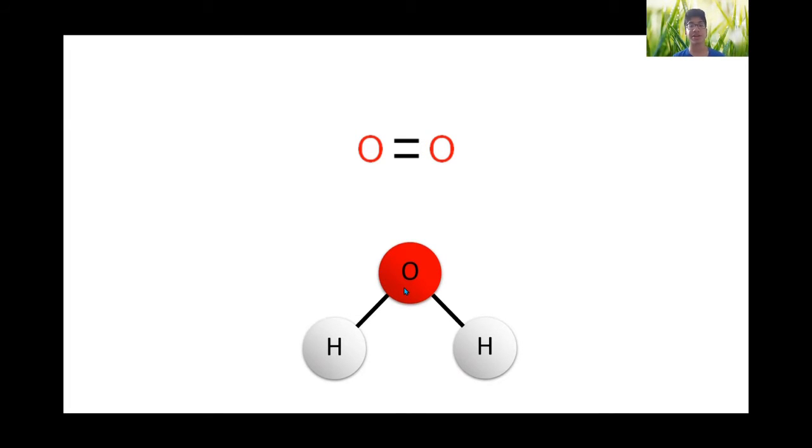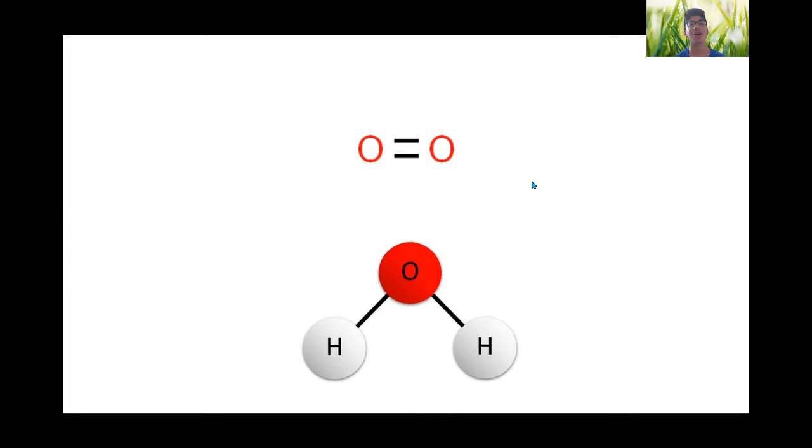Well, it fits the criteria to be a molecule because it is a group of atoms that are bonded together. There are three different atoms. And it's also a compound because there are two or more different elements contained in this molecule because you have oxygen and hydrogen. Therefore, water is both a molecule and a compound, while oxygen gas is only a molecule.